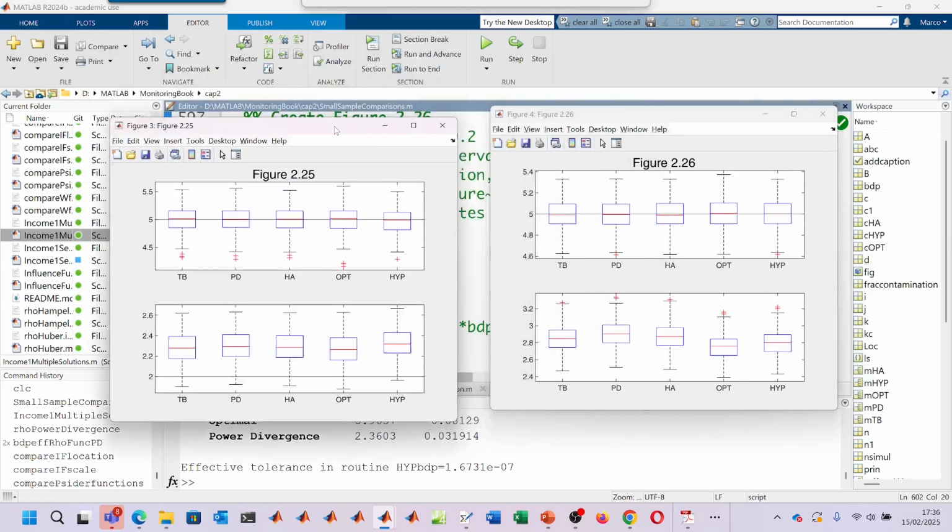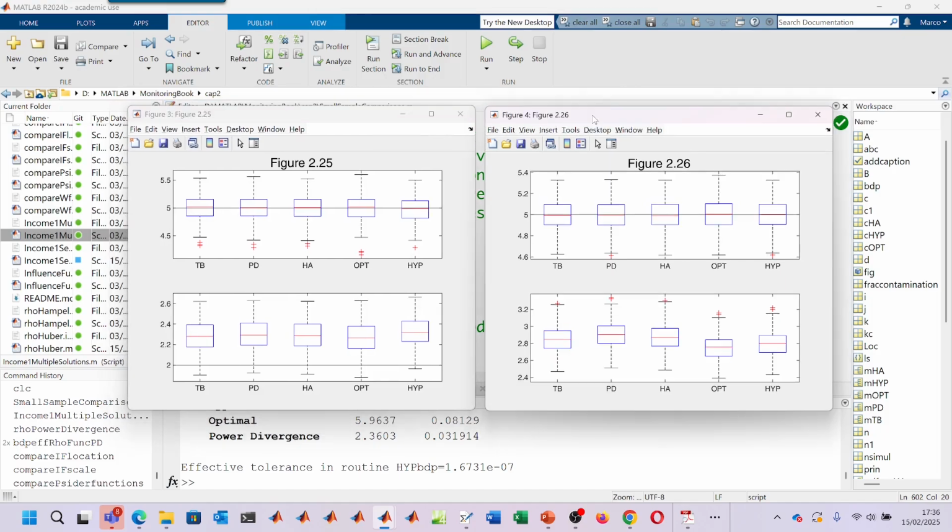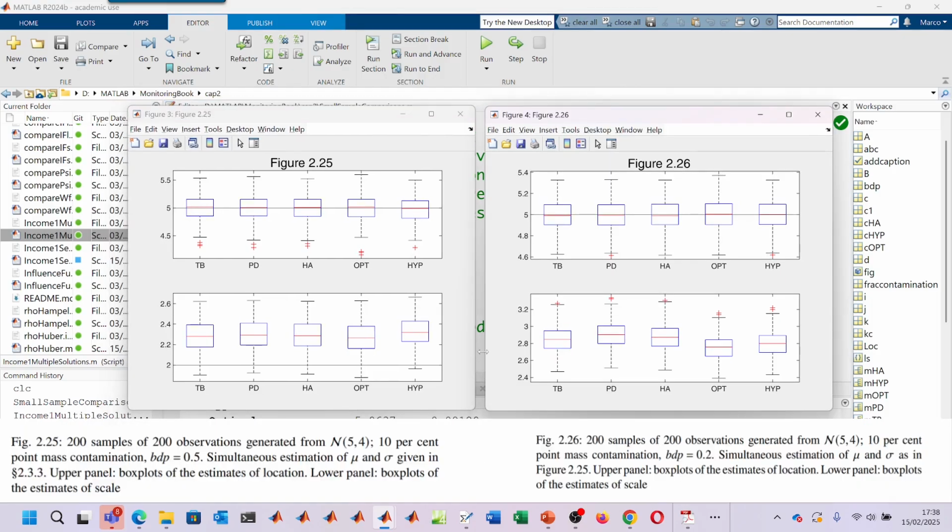Let us put together these two figures. The top rows give the comparison of the estimation of mu. In the left-hand panel, the estimates are for a BDP of 0.5. In the right-hand panel, the BDP is 0.2.